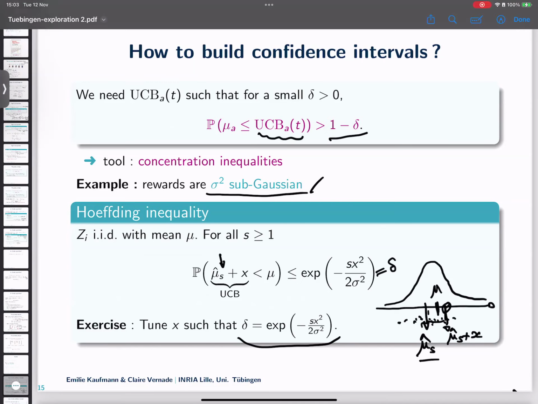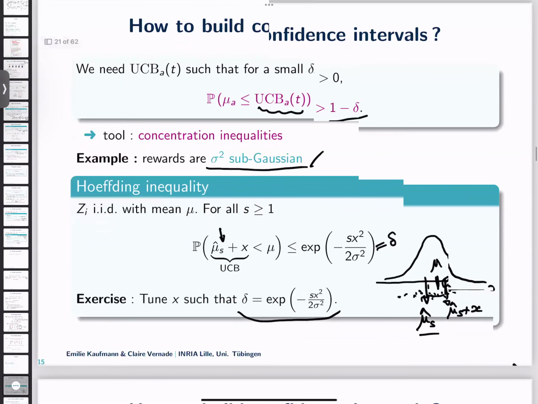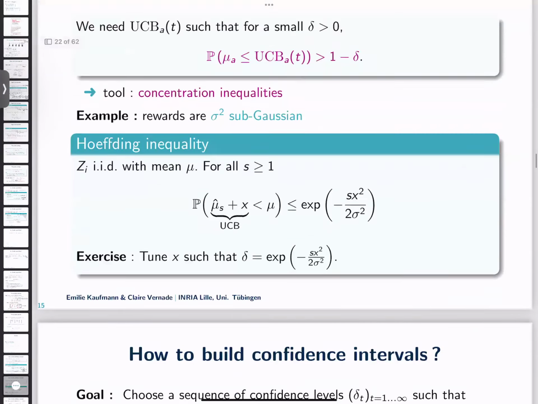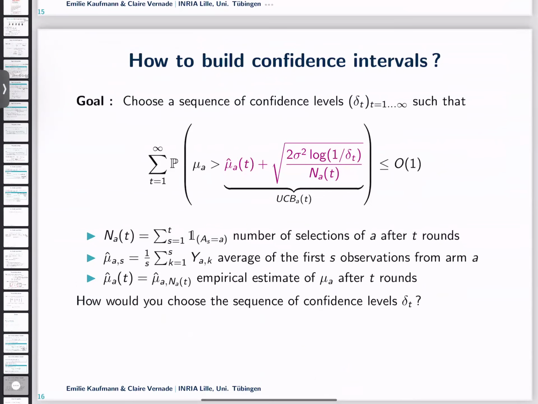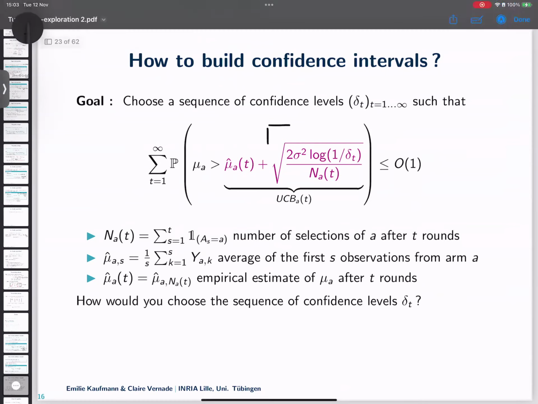All right, so you'll do this small calculation, but overall what is going to happen is you're going to find that you add a bonus that has this form: square root of 1 over the number of times you've pulled the arm, times some logarithm of a sequence delta t that you will find.